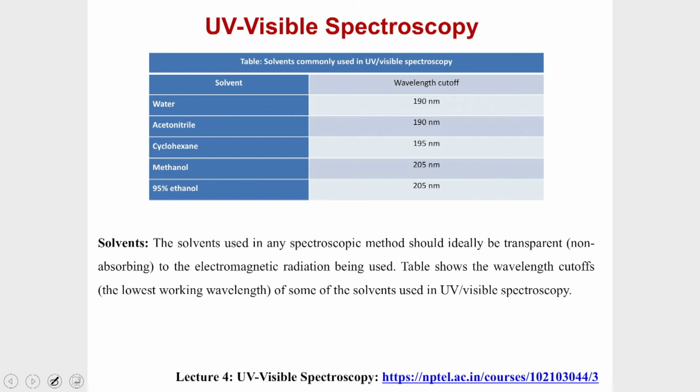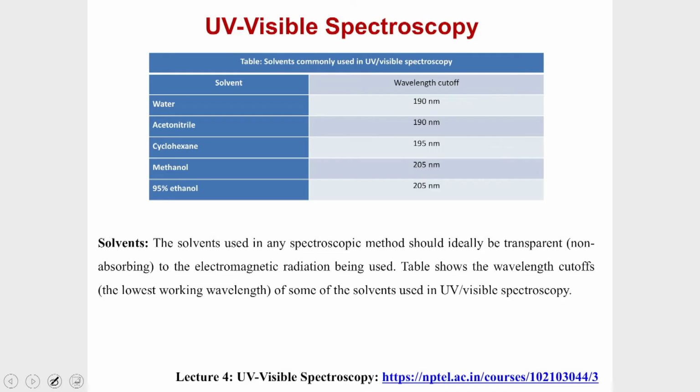If the solvent absorbs very strongly, it is going to mask the absorbance coming from your own sample, and that may give you deviation from the Beer-Lambert law, and some different types of artifacts.